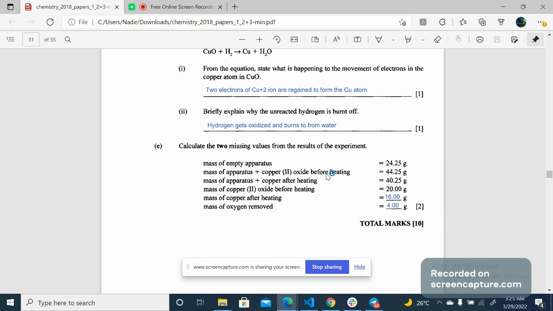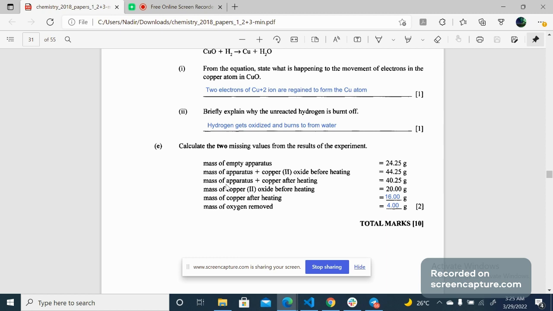Definitely, if something has some mass before heating, this mass will decrease after heating, right? Because during the process of heating some chemical process happens, and the mass of the substance being heated decreases.